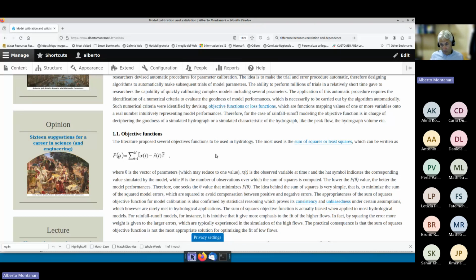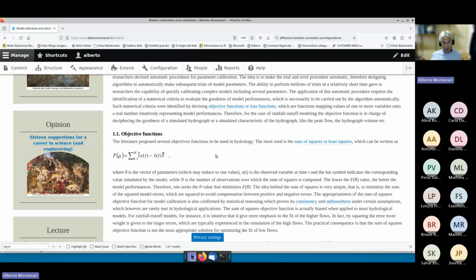Now, there is an equivalent version of the least square objective function that provides the same performances. We are expecting the same value of model parameters, which is derived from the least square objective function through a rescaling. Let me better explain the motivation.